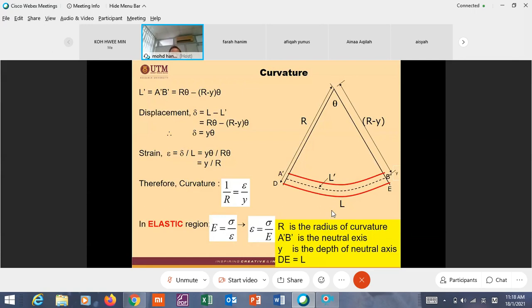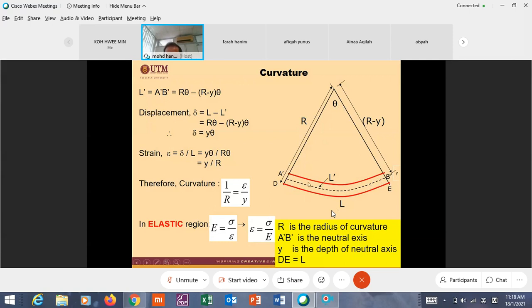Okay, now back to curvature. So this is a portion of the beam. It's not the whole beam, a very small portion. If the beam is 6 meters, maybe the portion is 100 millimeters. So for a small portion, this R is very, very large, and this angle is very, very small, and this slope is very, very small.